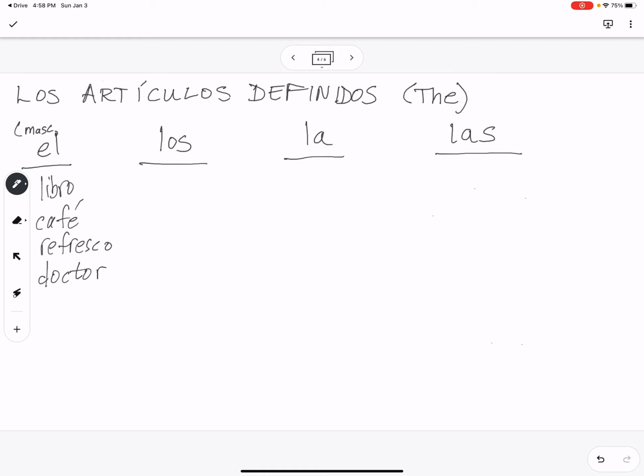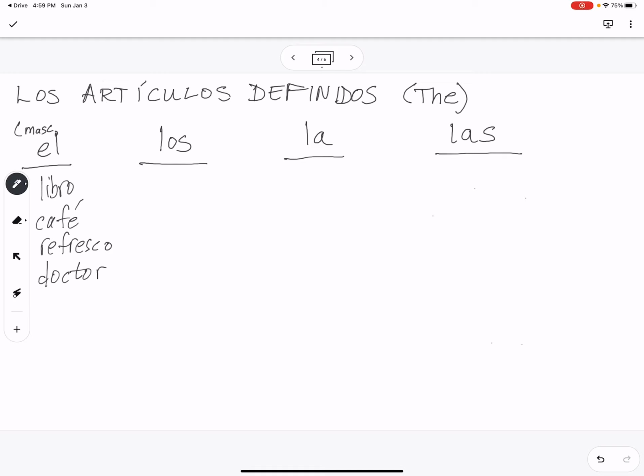El doctor is the doctor. That ends in OR, and we said that OR was also one of those patterns that's always going to tell us masculine. Libro, café, refresco, doctor. They are all masculine, and they all use el for "the."